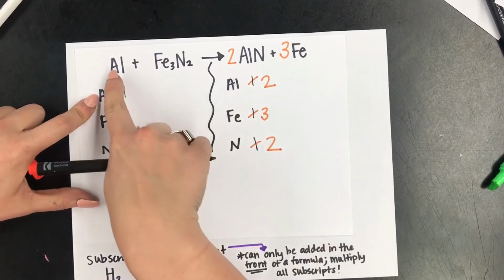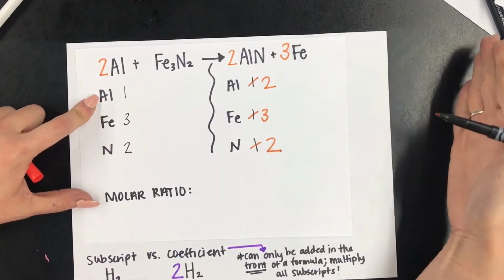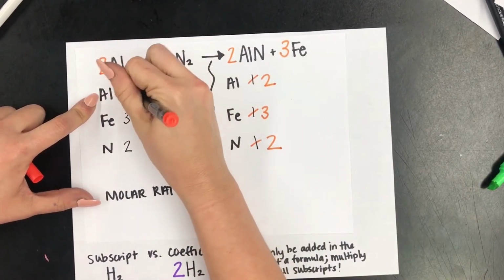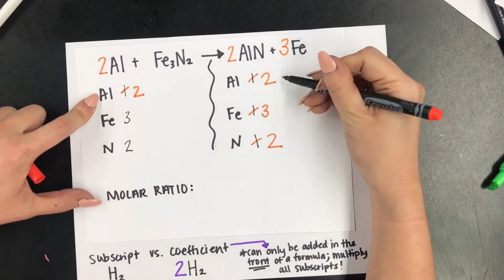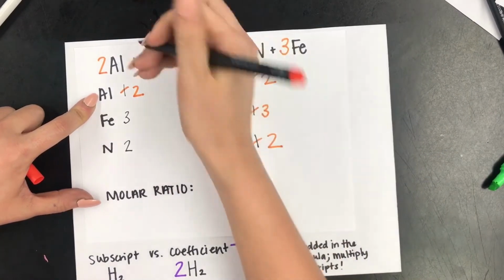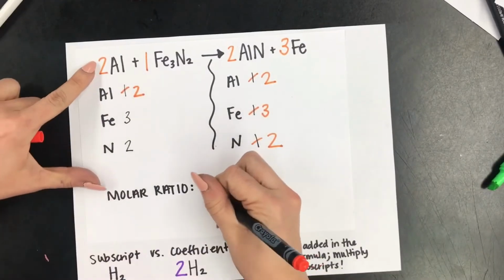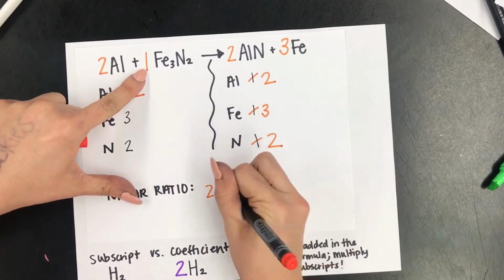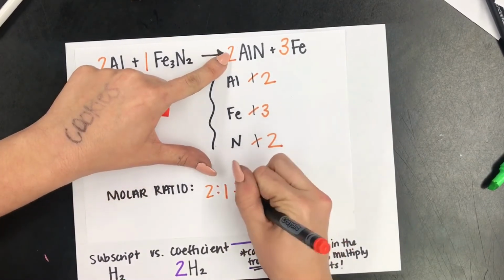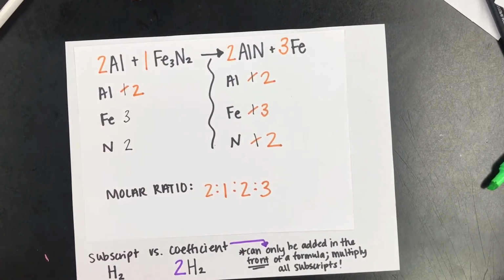The answer is 2. Aluminum by itself. So any number I put there will only change aluminum. Equal, equal, equal. We don't have a number here. It's an understood 1. So my ratio, 2, 1, 2, 3. And we're good to go there.